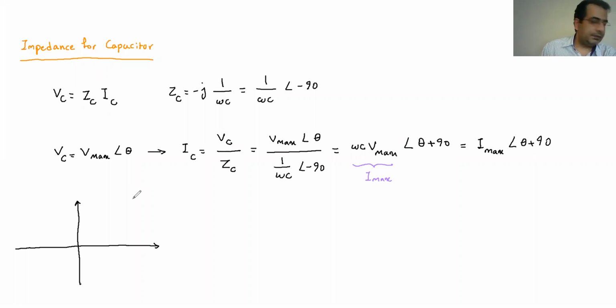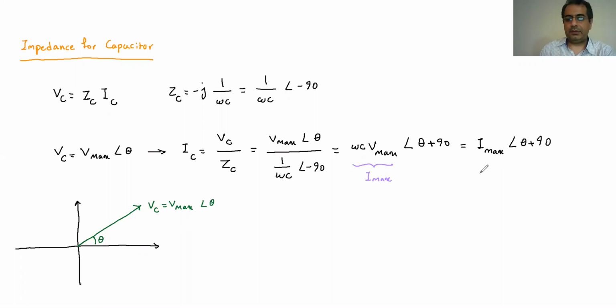For the VC, again, I have V max with angle of theta. So assume this is the VC, which is V max with angle of theta, and basically this is going to be theta. And then I have I max with theta plus 90.